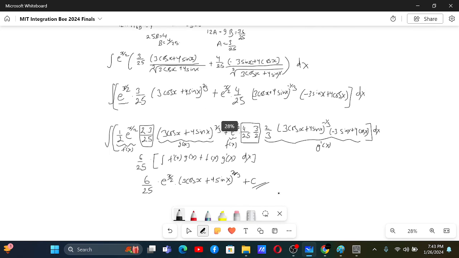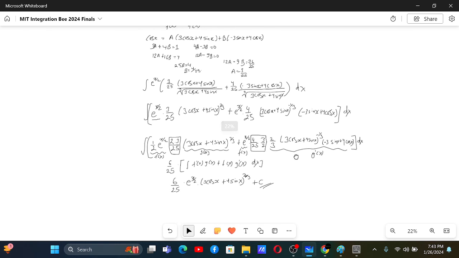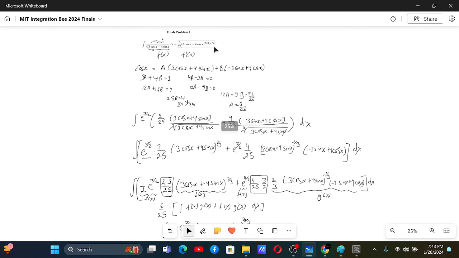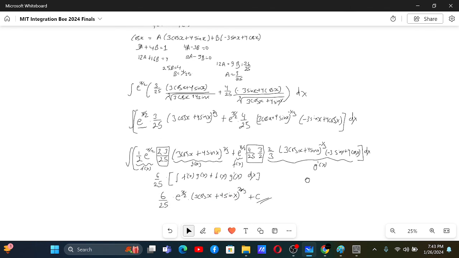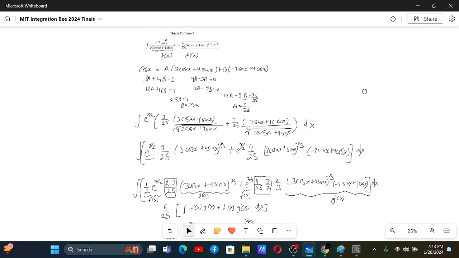So let's check the solution if it's correct or not. 6 by 25, e to the power x by 2 is over here, and then 3 cos x plus 4 sin x, raised to power 2 by 3, exactly. So the answer is correct.